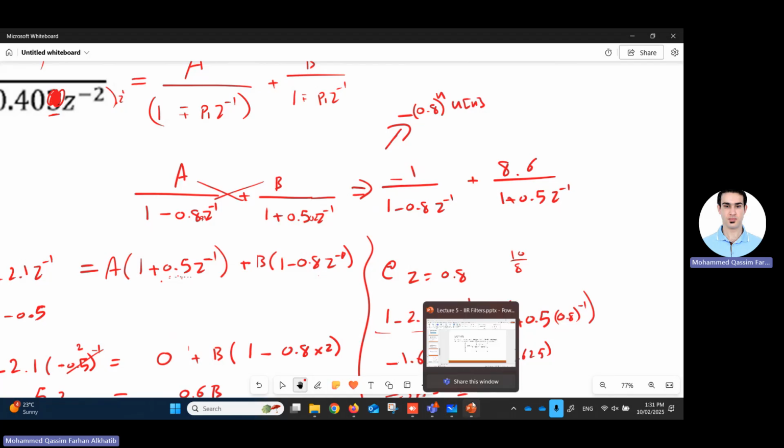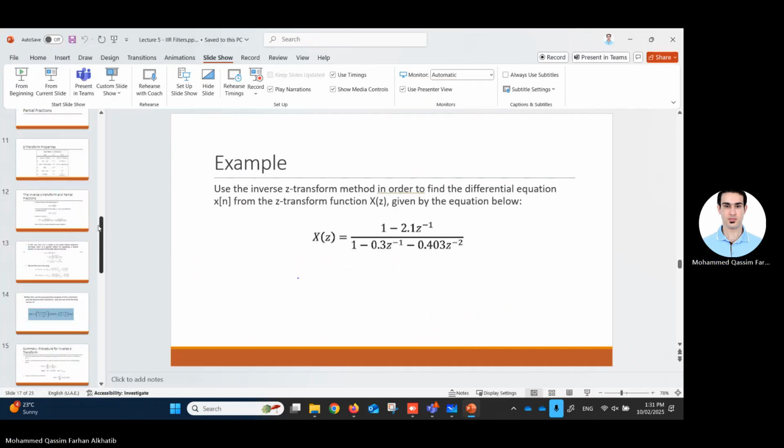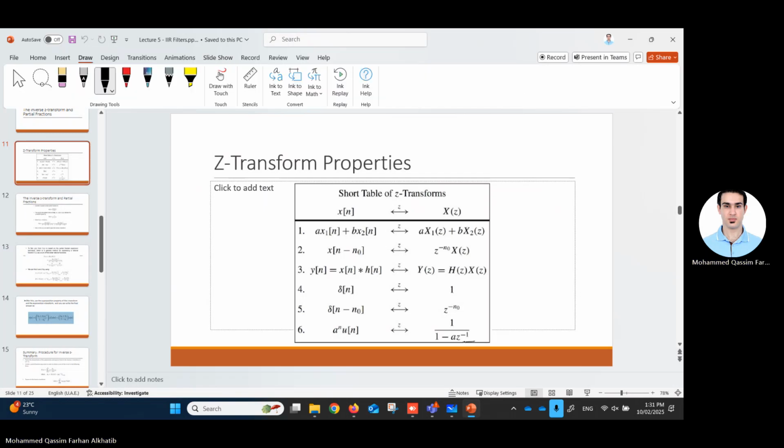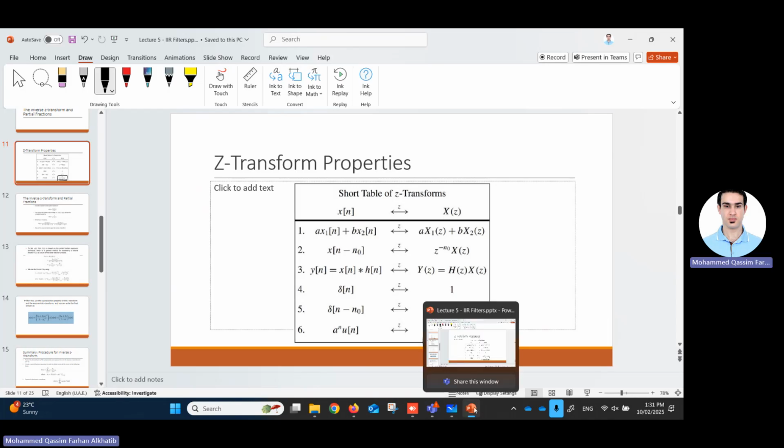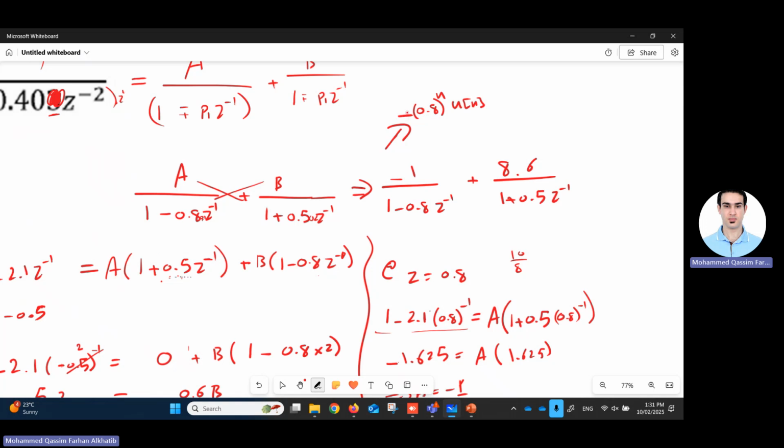We go back to the tables. So it's going to be positive a to the power n. The negative sign is outside the exponent, make sure of that. 0.8, that's the coefficient, to the power n, plus 8.6 times negative 0.5 to the power n u[n], because of the minus.